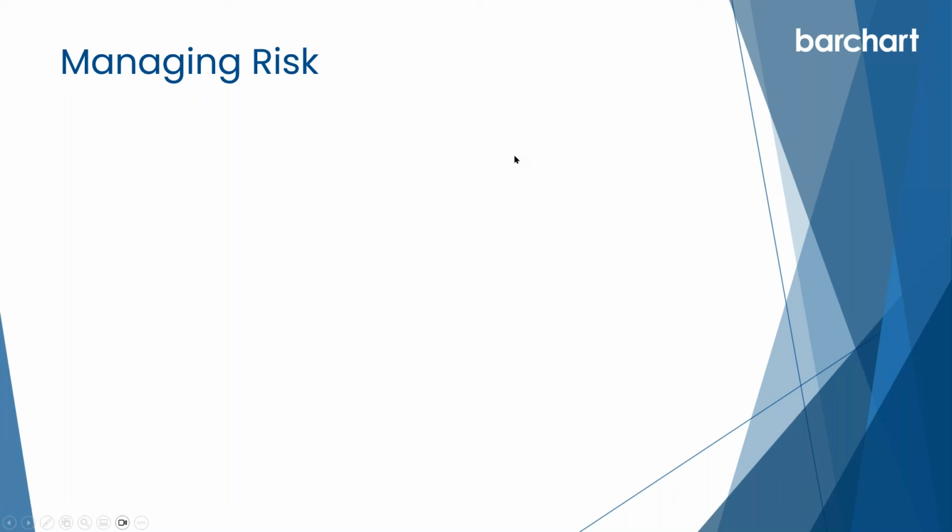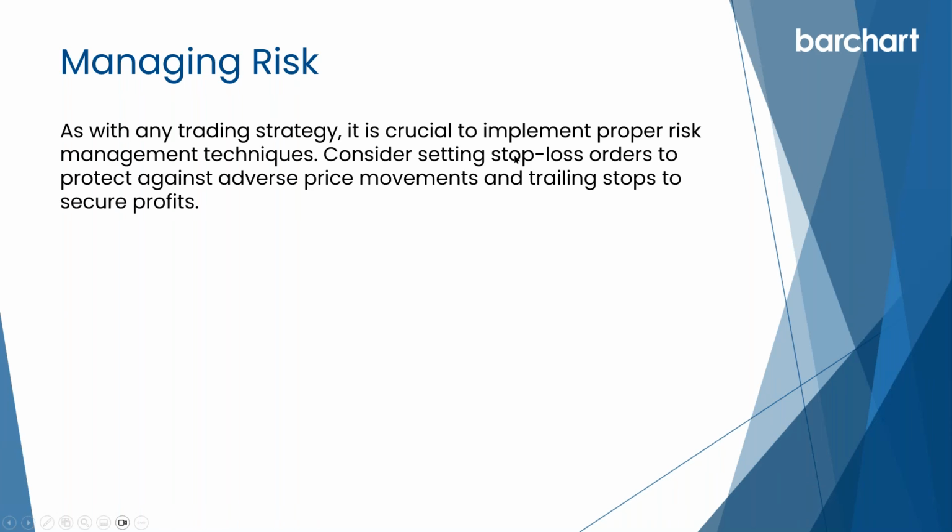So there are some other rules we can use in terms of managing our risk. With any trading strategy, it's really important for you to understand risk and consider setting up stop loss orders. Maybe a stop loss order might be something we call a hard stop, where we just want to protect ourselves from crazy price movements. But we might use soft stops.